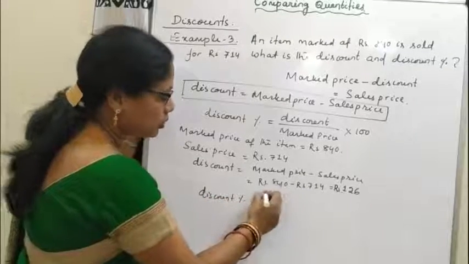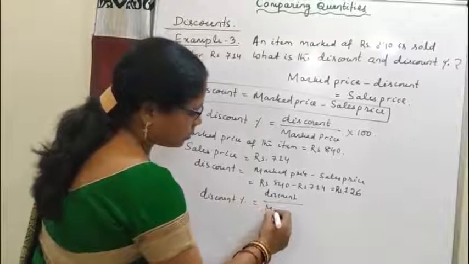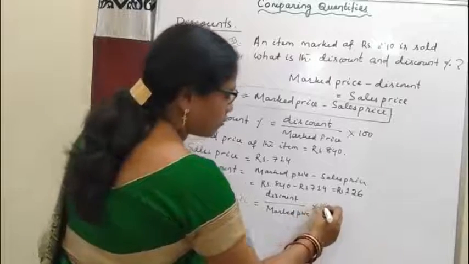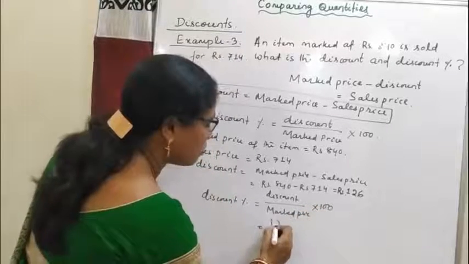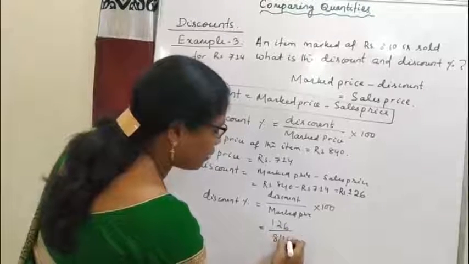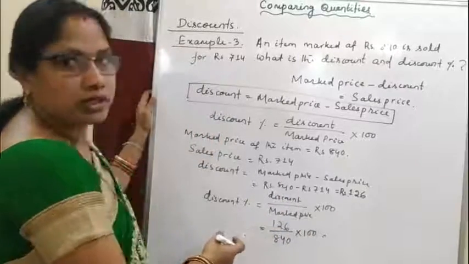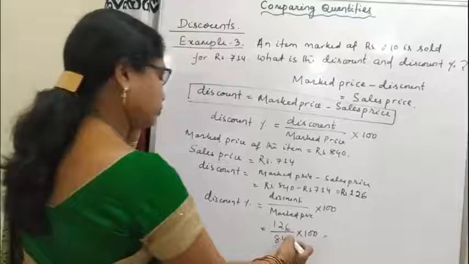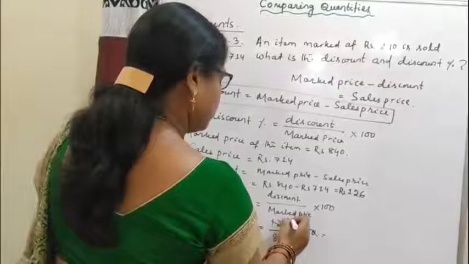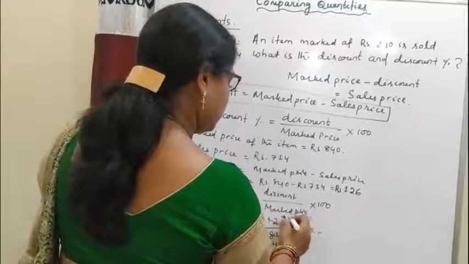It is equal to discount by mark price into 100, so 126 divided by 840 multiplied by 100.